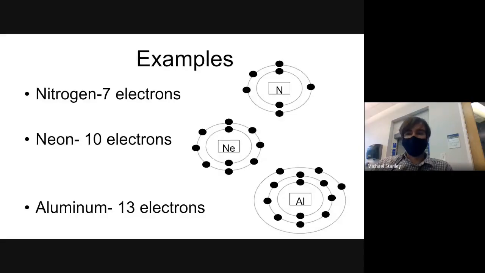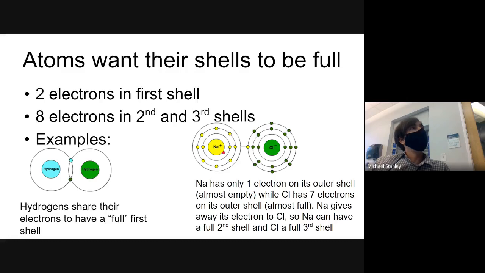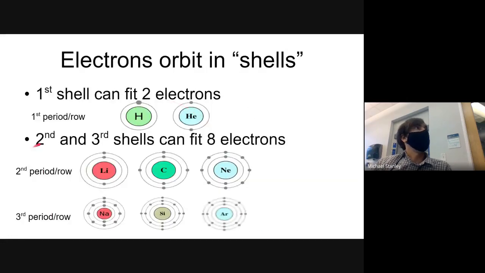So 2, 8, 8. That's the big thing to remember about our first 3 electron shells. First shell fits 2, second shell fits 8, third shell fits 8.